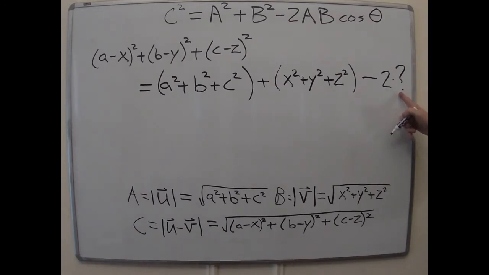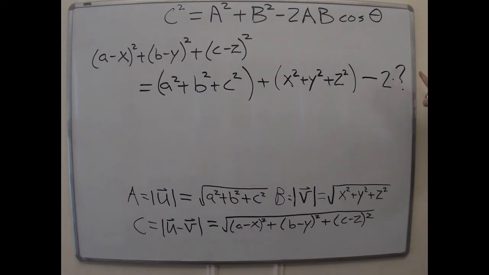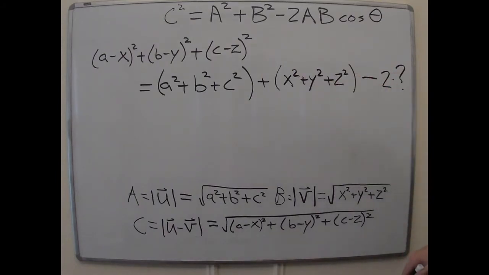So we'll leave it like this, but we're going to solve for this question mark thing. What would I need to do to solve for it? I would add 2 times question mark to the other side. I guess I can divide by 2 first, and then move the other stuff the other way.